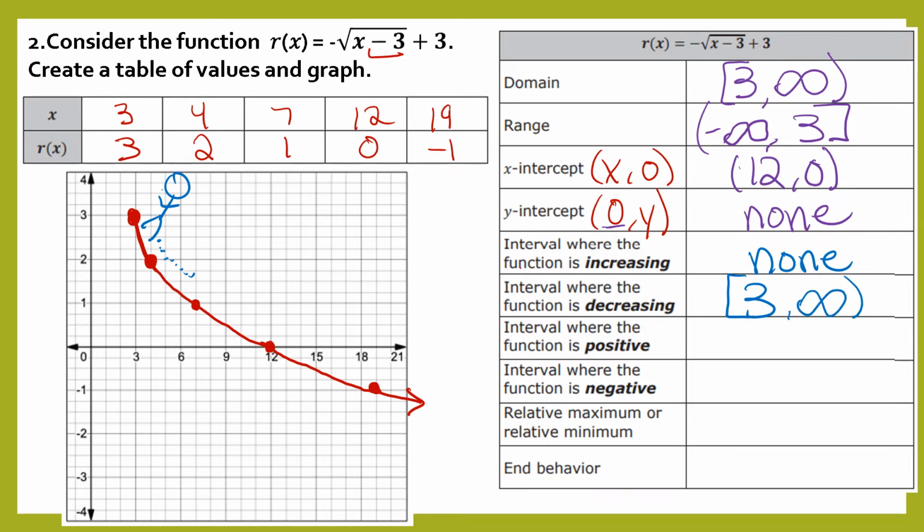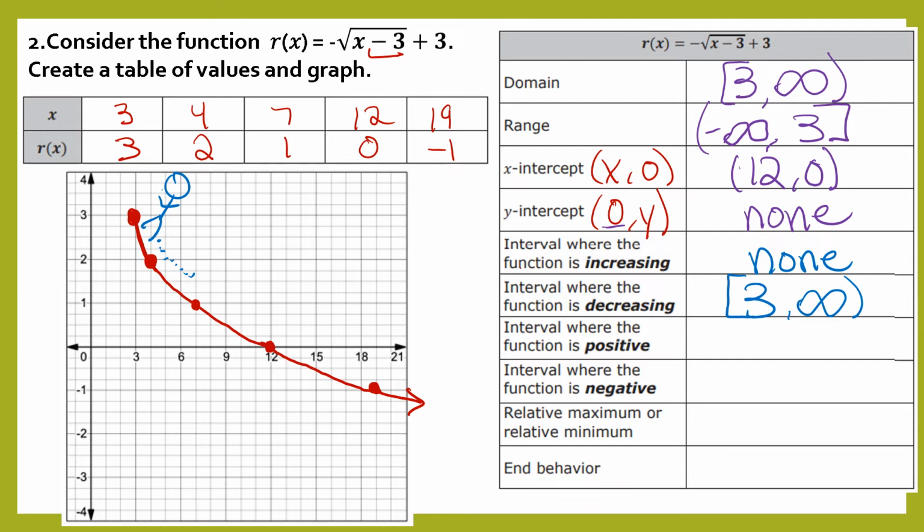And always put parentheses around your infinities. It's positive infinity because the x's are going to positive infinity.